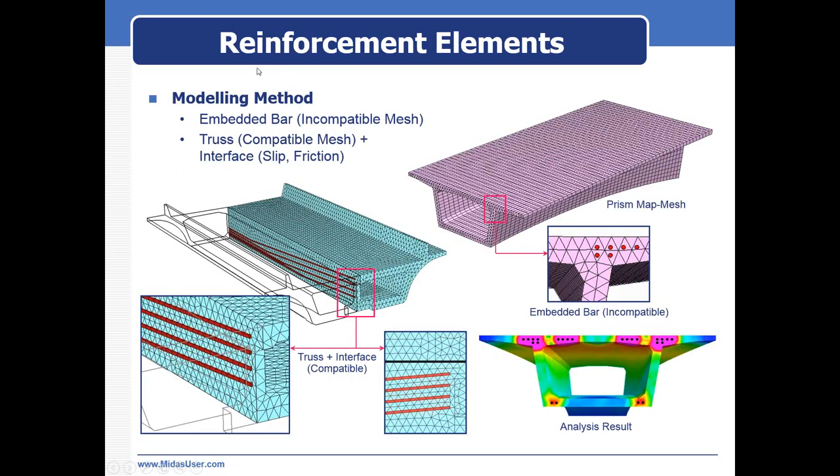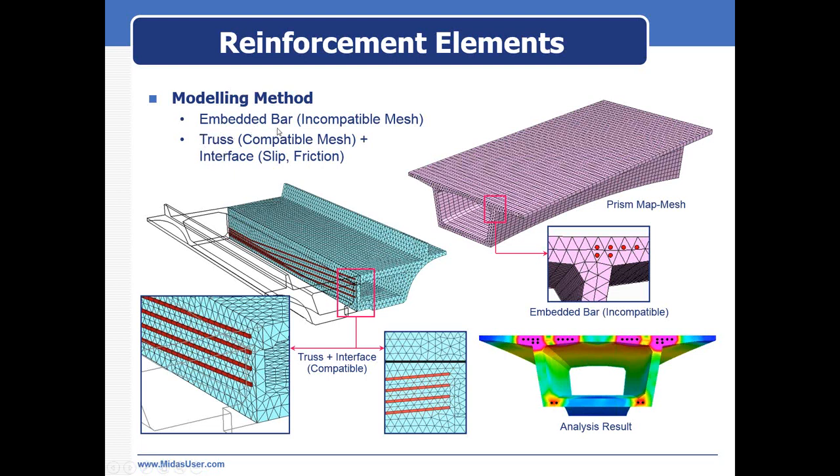Now another important thing in FEA is reinforcement elements. Non-linearity of reinforcement elements can be considered in FEA, and to model the reinforcement, FEA provides two methods: embedded rebar and truss with interface.